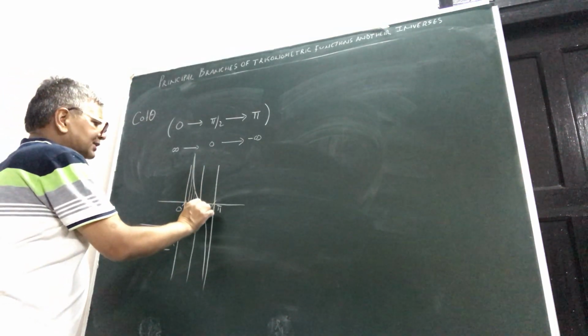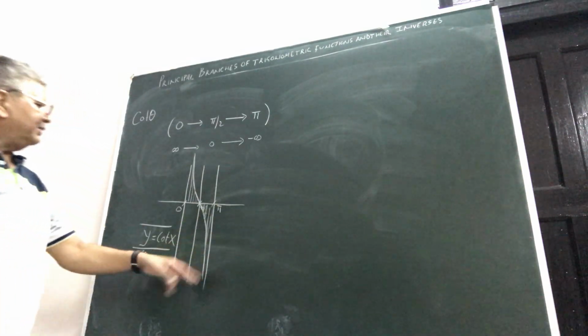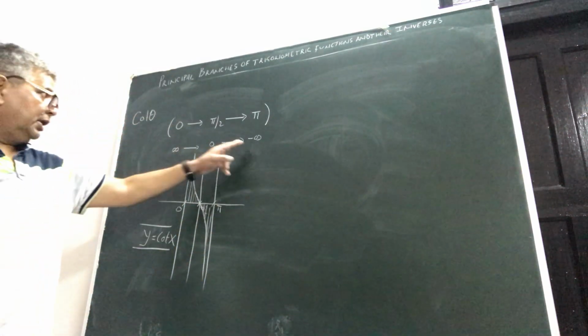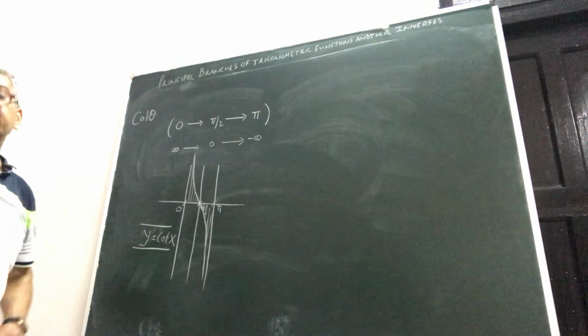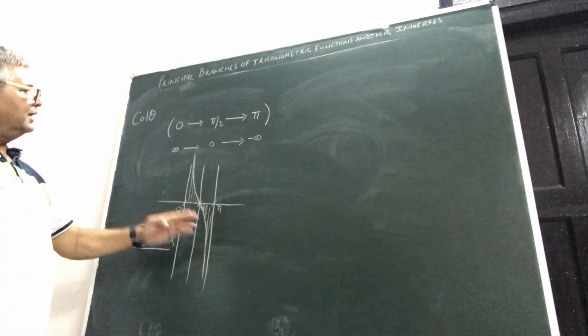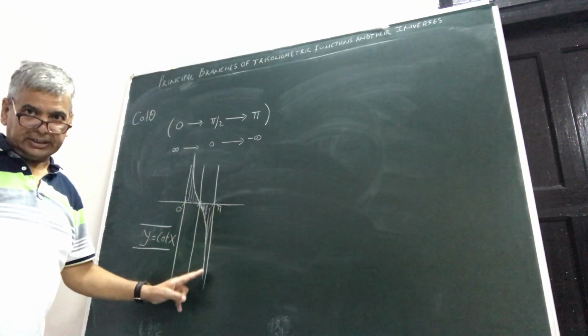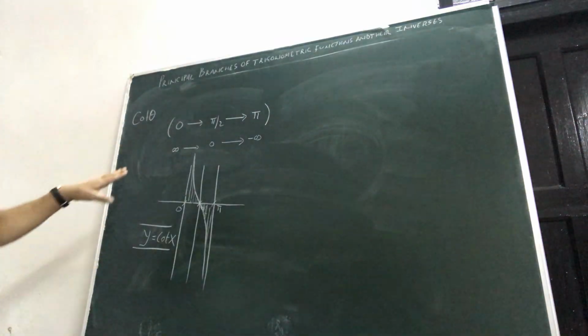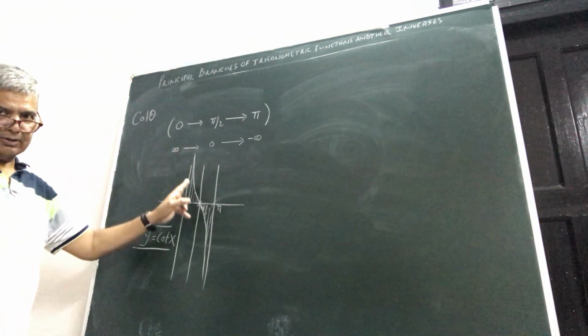What you need to understand here is, all possible values are being acquired from minus infinity to infinity. Though it is decreasing, it will start at 0, it will be infinity, and then it will keep on diminishing. So in this curve of cot x, what you need to see is that the values are constantly decreasing.